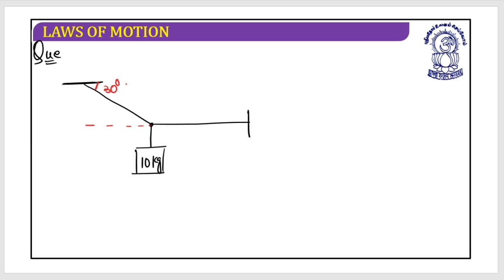Let's make a horizontal level. If this is 30, this must be 90 degrees, this is 30 plus 90, this angle would be 90. So 30 plus 90 is 120, 120 plus 90 is 210, so the remaining angle must be 150 degrees.